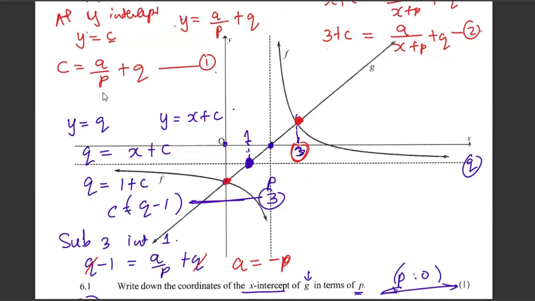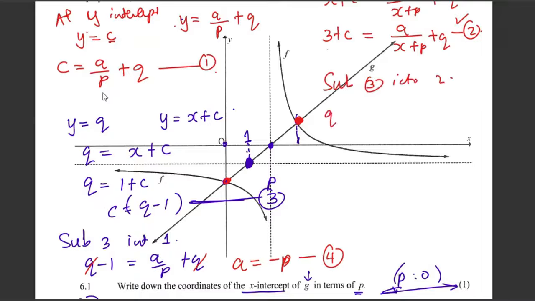So if a is equivalent to a negative p, what does that tell us? I can call that equation number 4, and then I'll substitute or replace this equation where I see the others. Then I can go back to this equation 2 and substitute equation 3 into equation 2 first.